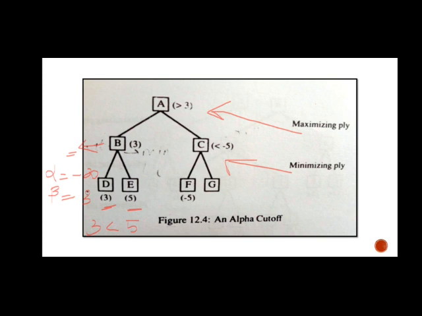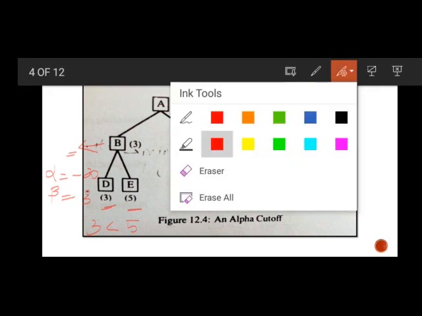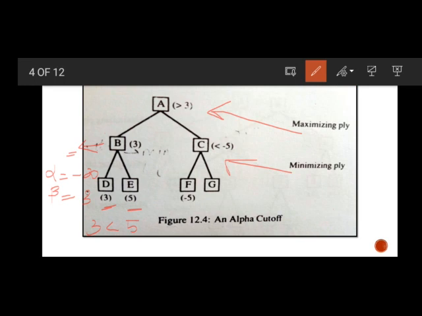When we reach the right subtree, after examining node F, we know the value of C. It is a minimizing player, so alpha is equal to minus infinity. Previously we got the value of alpha as 3.